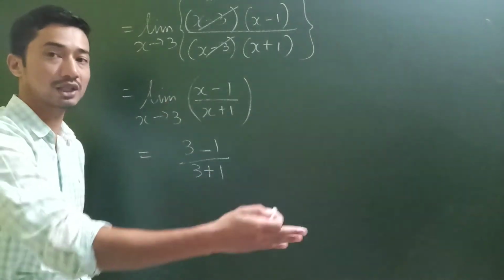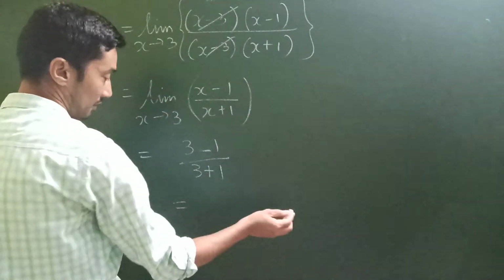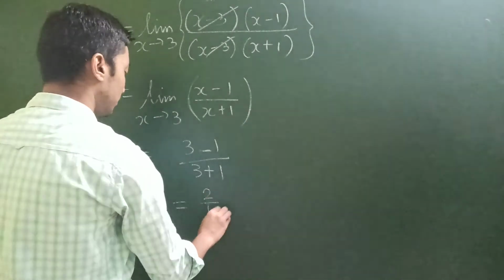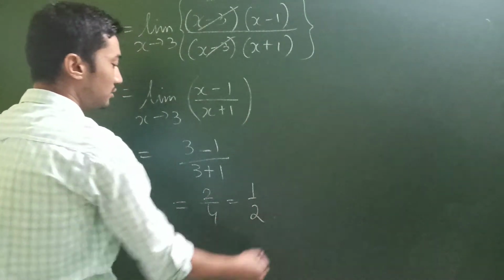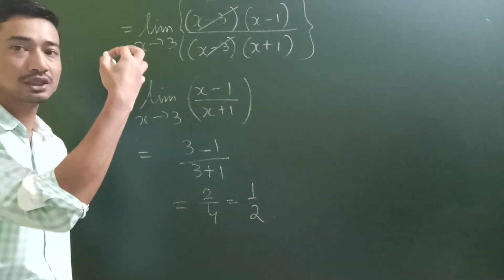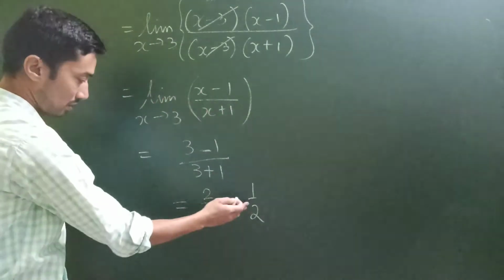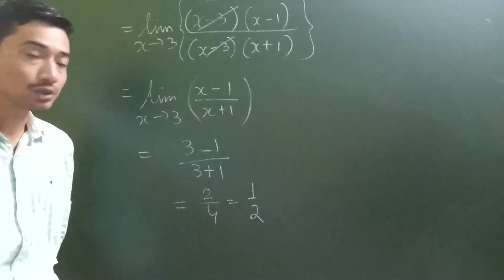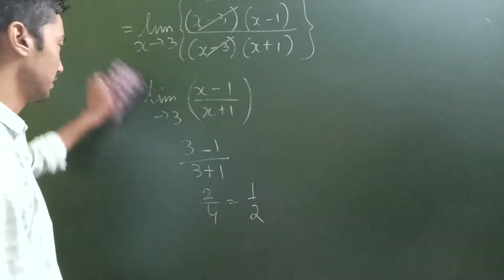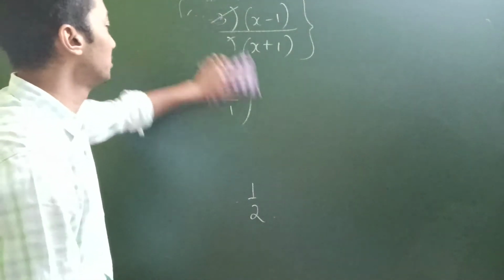It's like using it once, one life, something like that. So 2 by 4, that's going to be 1 by 2. That means the limiting value of that function as x tends to 3 will approach 1 by 2. That is the solution. So that's how we will do it. This was an easy problem.